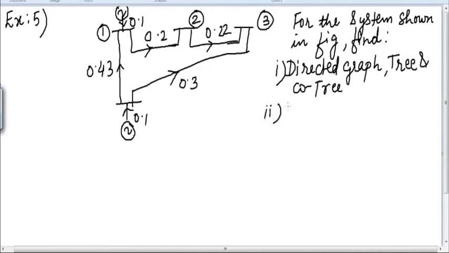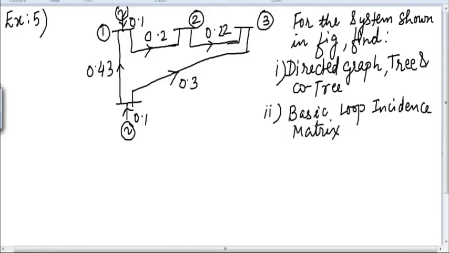Second bit, basic loop incidence matrix. This is the second bit that they have asked. Then let us see what is the third bit that they have asked.